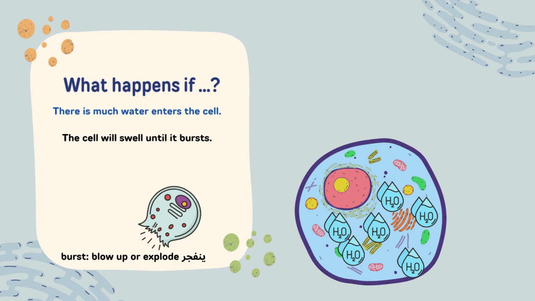Burst means blow up or explode. So the cell will die. So here the water balance is very important, and the cell membrane helps the cell keep the water balance, as it allows the water to enter and exit the cell according to its needs.